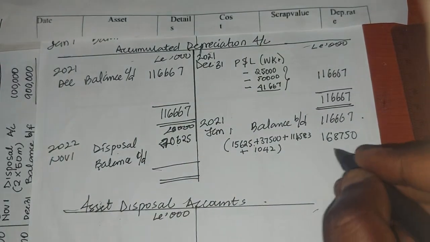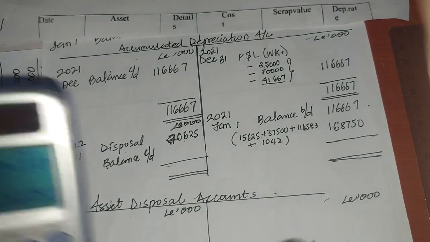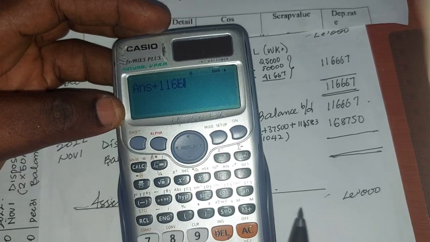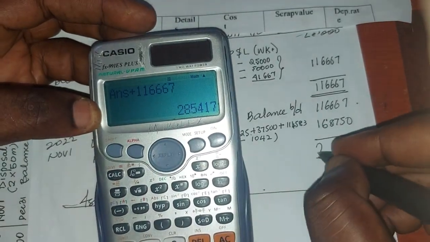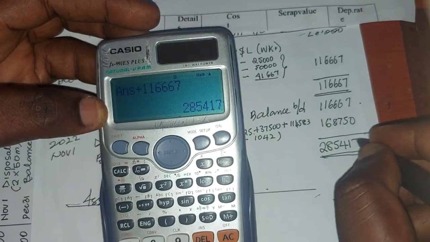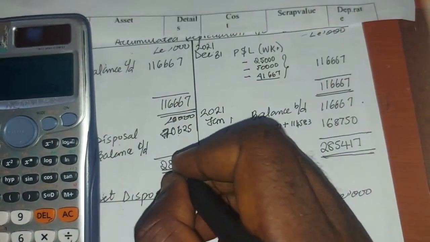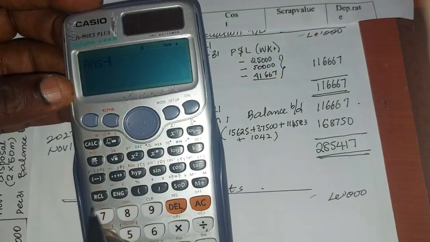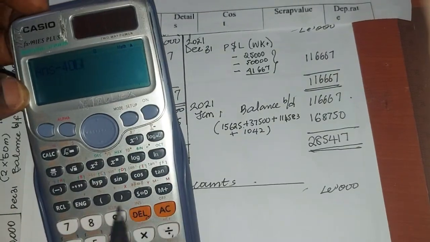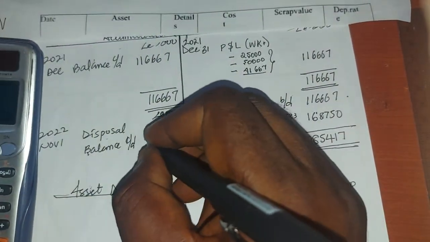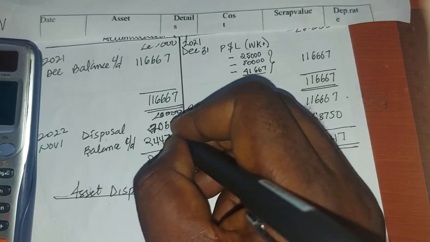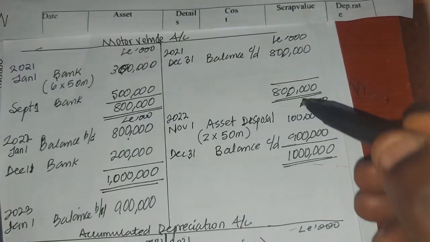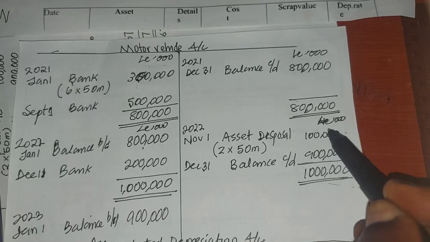Let's take our balance: you add this plus the opening balance, 116,667, that's 285,417. Then minus 40,625, and that gives 244,792.